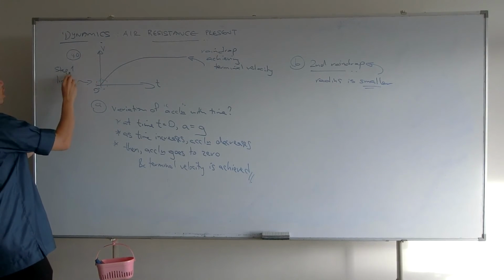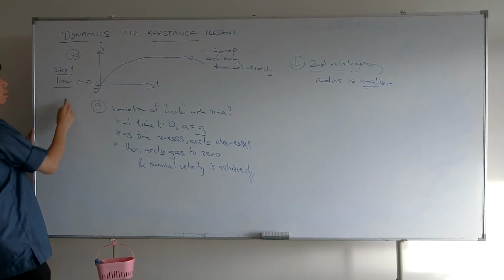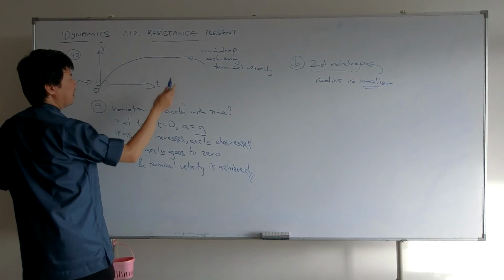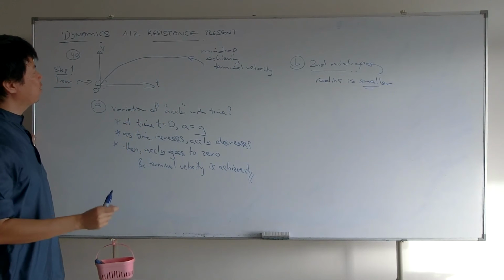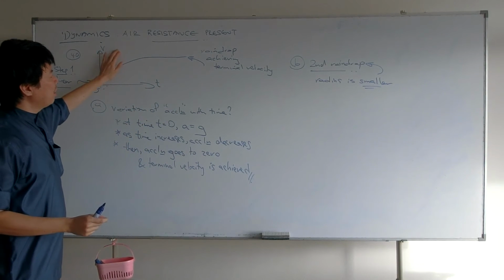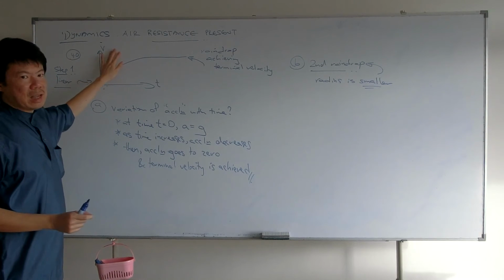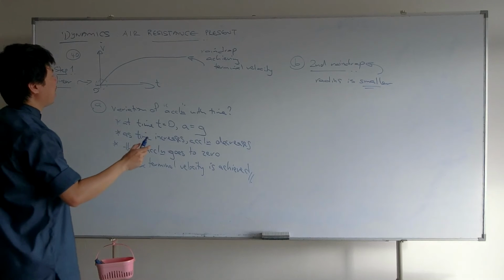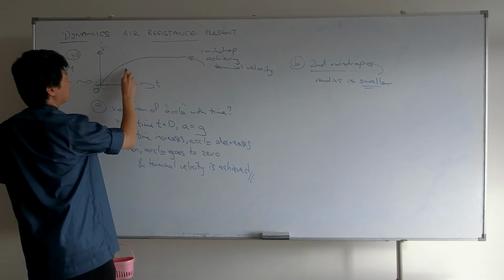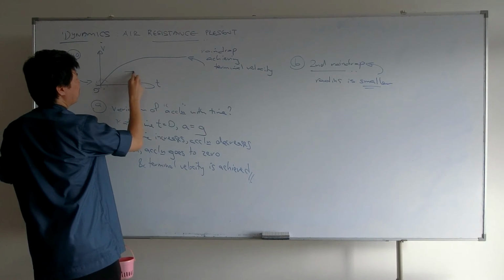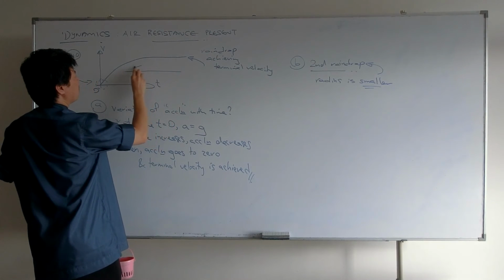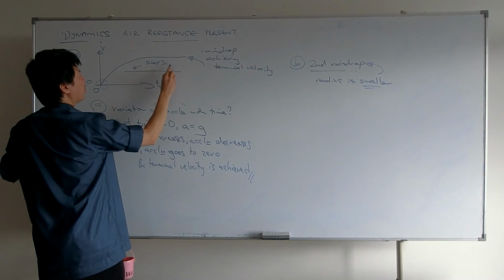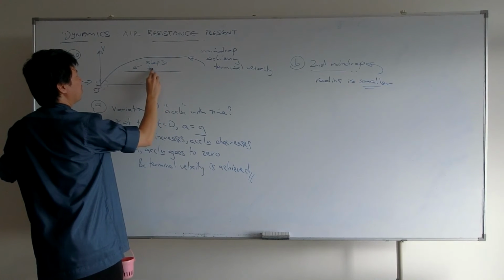Step 1. Okay. Step 3, it's a smaller raindrop. That means it will not achieve as high a terminal velocity as the earlier one, but it will achieve it way earlier. So let's say I put it here. So step 3, you've got terminal velocity.